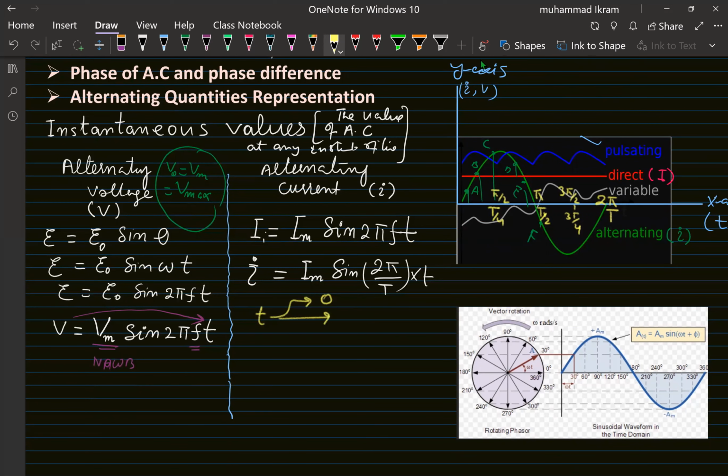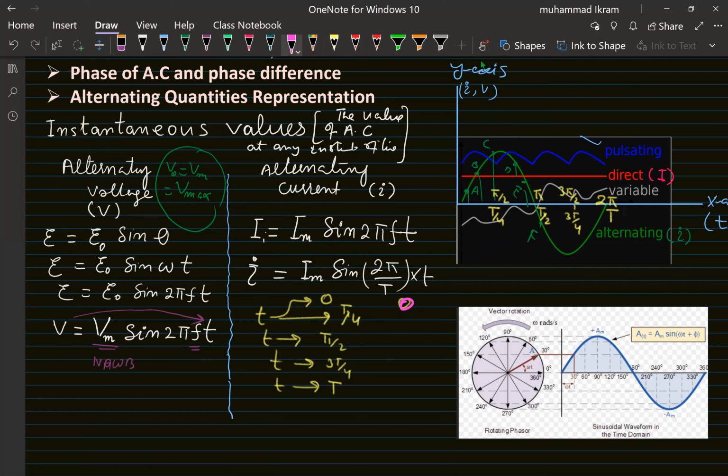It may take T by 4, it may take the value of T by 2, it may take the value of 3T by 4, and it may take the value of T. Now put t for the various values in the alternating current quantity, and here you see that it is 0 for 0.